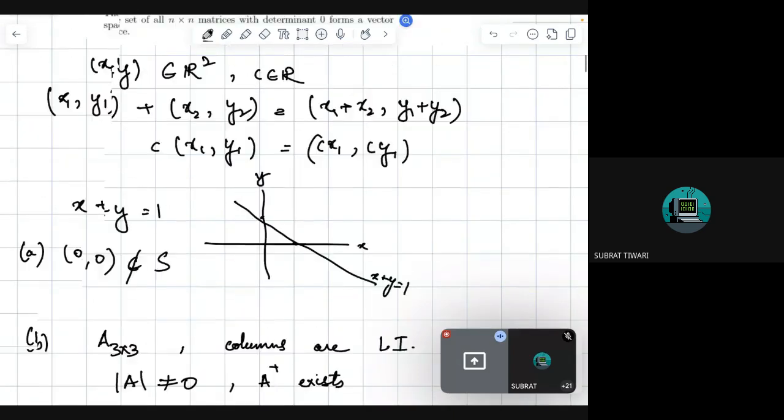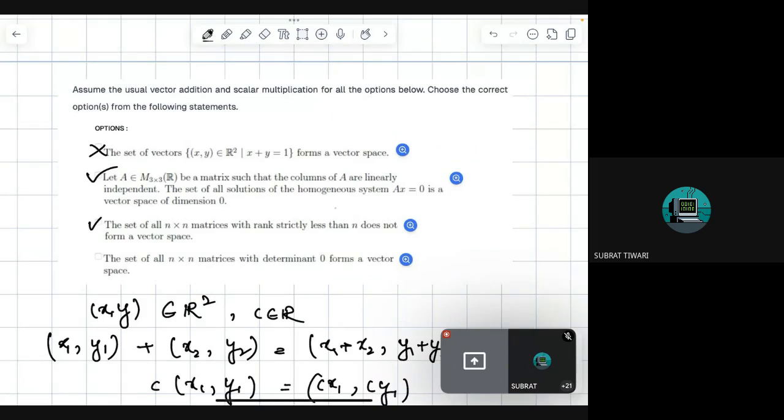Okay, so look at the option. The set of all n by n matrices with rank strictly less than n does not form a vector space. So for n by n matrices, we can take any n by n. In the particular example that I showed here, I took a 2 by 2 case, right?